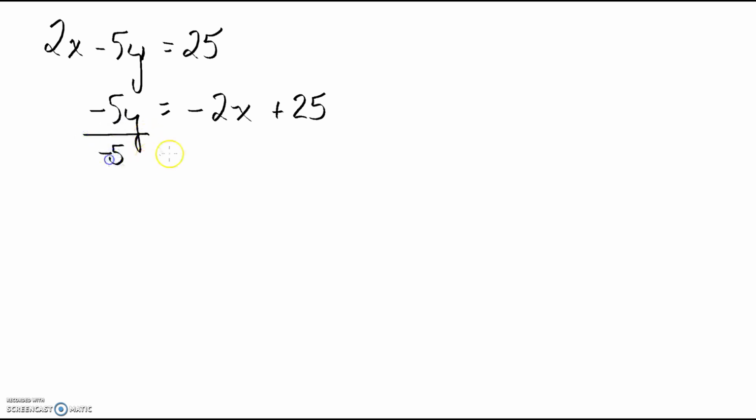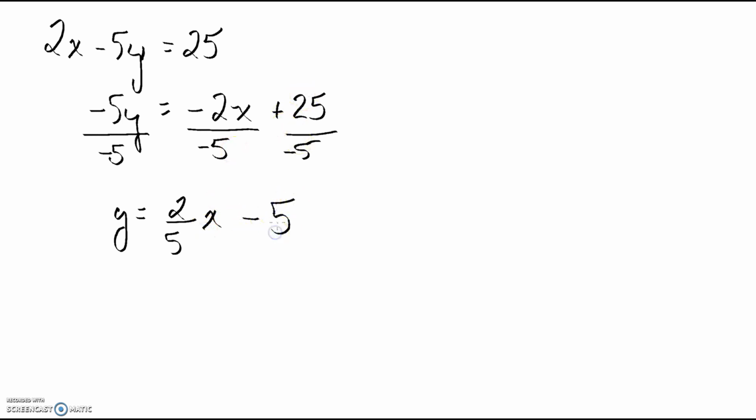So that's over -5, and that's over -5, and that is over -5. Tidy that up. This negative divided by negative is a positive, and a positive divided by negative is a negative. All right, now it's in slope-intercept form, and we can see that the slope is 2/5, and the y-intercept is -5.